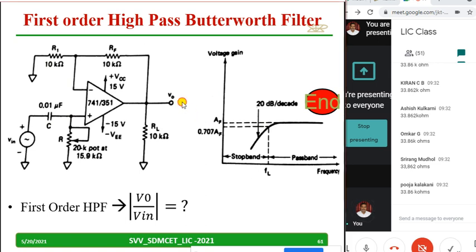V naught equal to, can you type the equation V naught equal to? Gain all of us know, 1 plus Rf by R1. What is the V naught equation equal to? Last class we have already taken this and all of you have typed the answer, and I want you to do it now also.